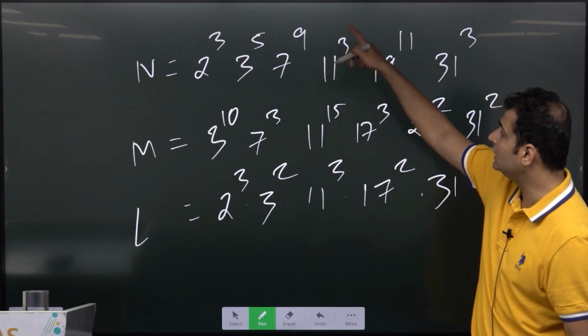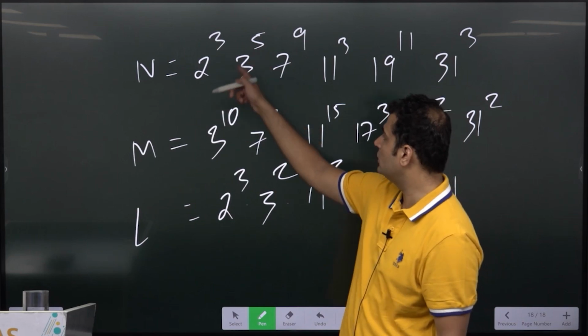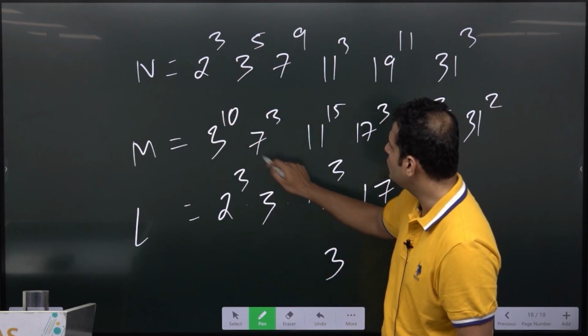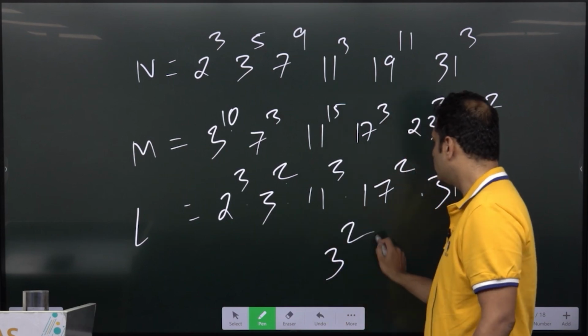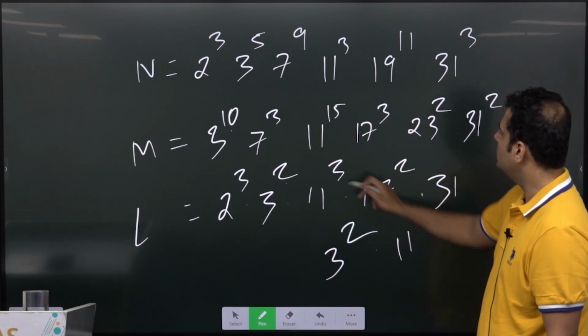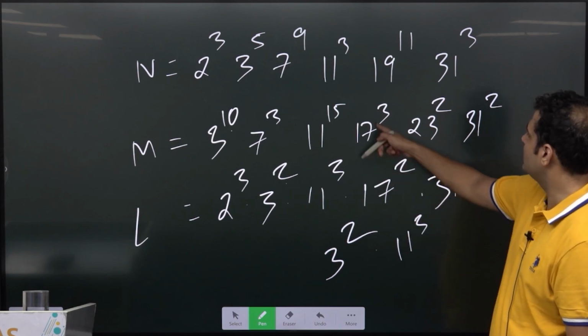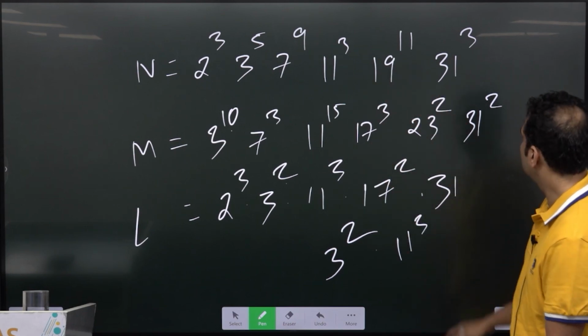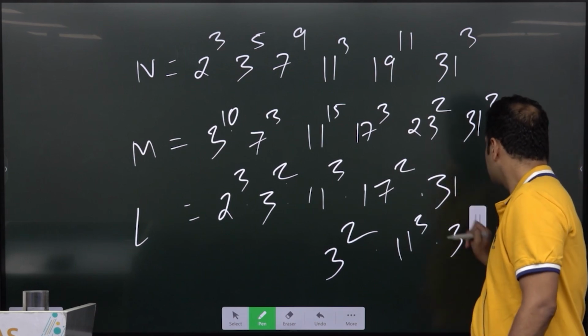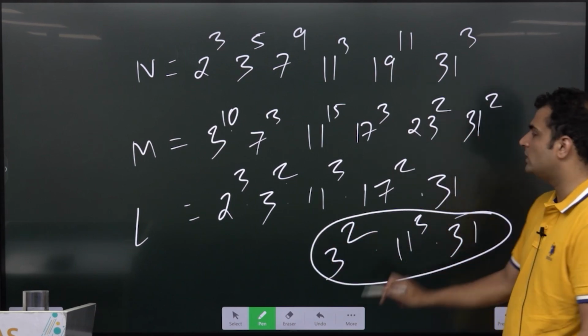Common factor in all the three. 2 is not common in all the three. 3 is common. What is the maximum power of 3 that is common? Here 2, 10, 5. So 2 is the maximum common power. 11 is there, 11 cube is there everywhere. 17 is here, but not there, so not common. And 31 is common, highest common power 1 only. So this is going to be the HCF of these three numbers.